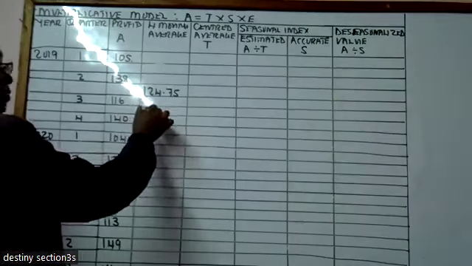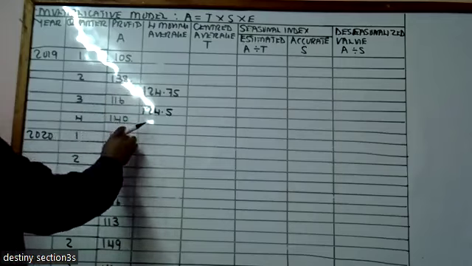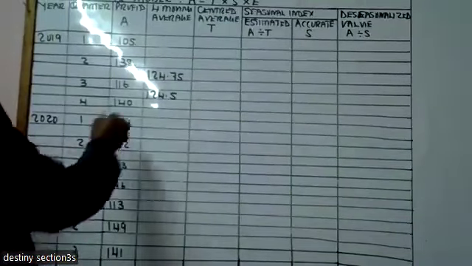So again, you skip the line. Now drop 138, you say 116 plus 140 plus 104 plus 122 equals, divide by 4, give me the answer. 120.5.